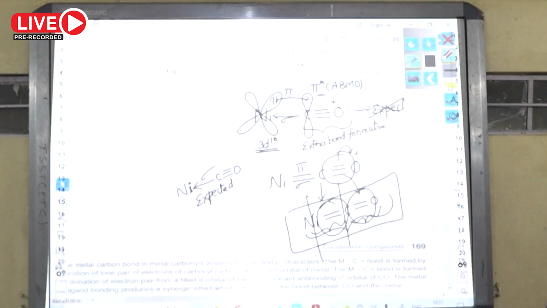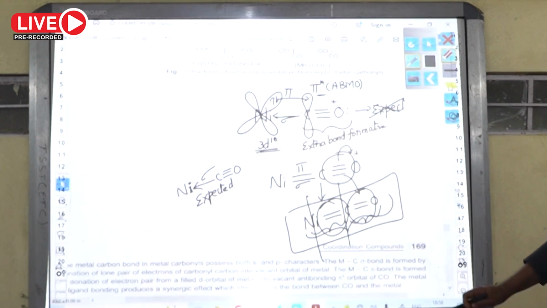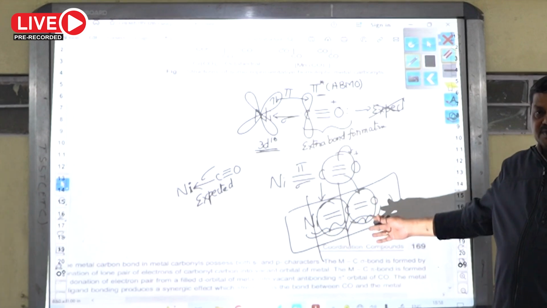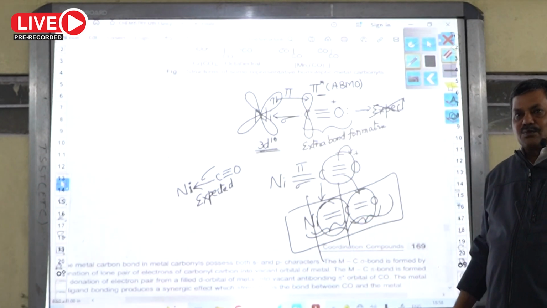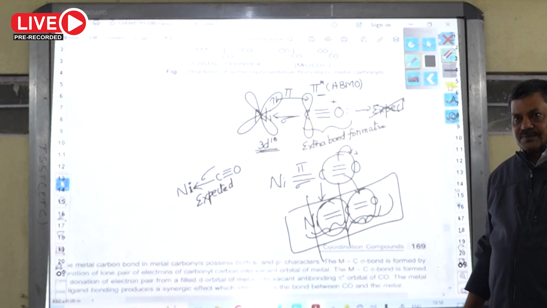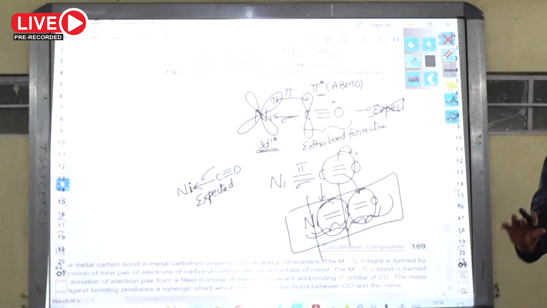If they ask about the carbon oxygen bond in metal carbonyls, the carbon oxygen bond length increases because the triple bond becomes a double bond, and carbon oxygen bond strength decreases. Already in IIT and NEET, many times these questions have been asked, and still they are going to ask.